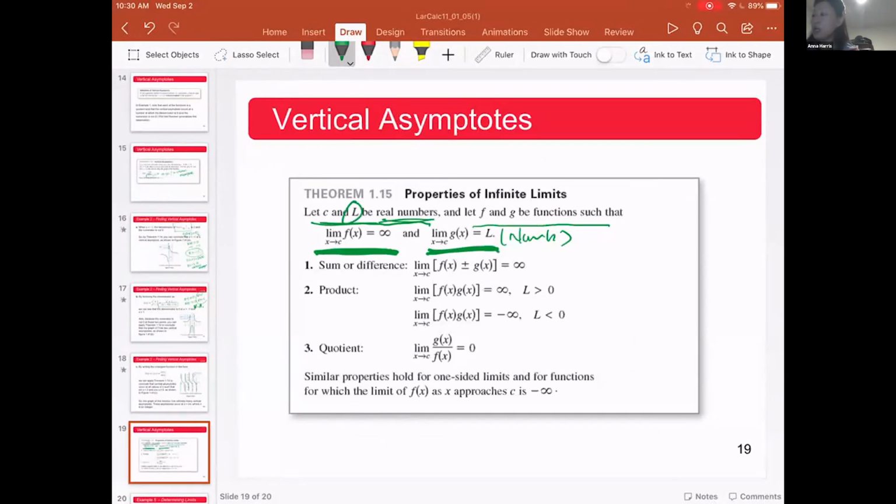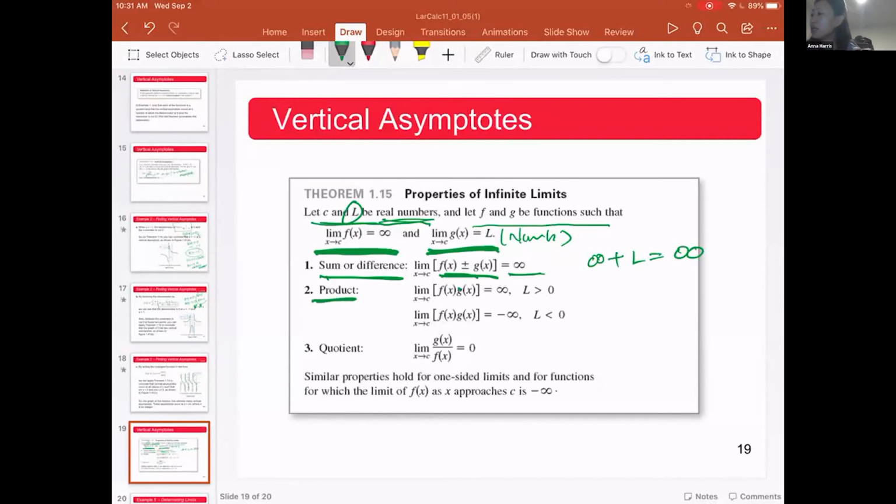It's kind of funny, but look at this one. You can add and subtract. Since infinity is so much bigger than just a number, infinity plus some number is what? Still infinity. Infinity plus some number is still equal to infinity because infinity is a huge number. Adding a little number to a huge number does not make any difference. It's still a huge number. So that's why it's infinity.